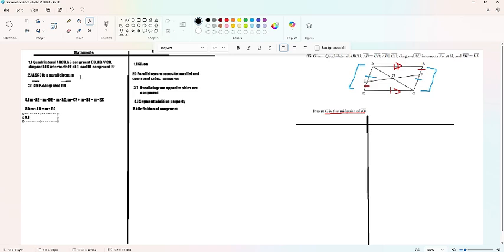Since we know DE is equal to BF, we can cross these out, and we know that AD is congruent to BC.